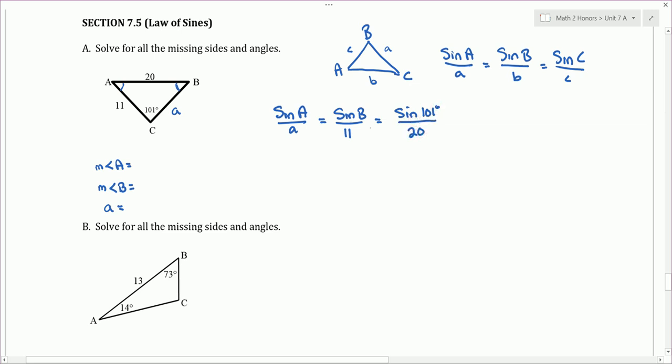And I want to start by picking just 2 of these fractions and setting them equal to each other to solve for a variable. I'm going to pick the last 2 because there's only one variable in that proportion, and it'll be easy to solve for that one. So I'm going to cross multiply and get 20 times the sine of B is equal to 11 times the sine of 101.